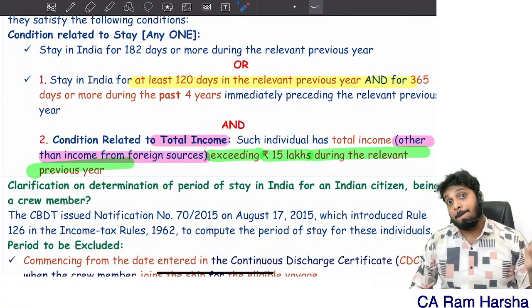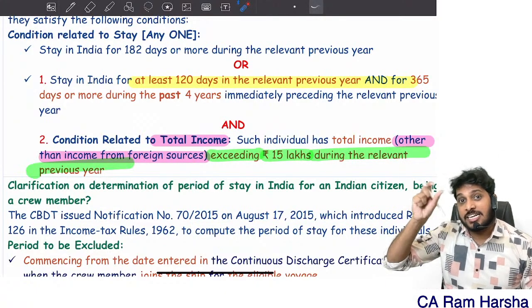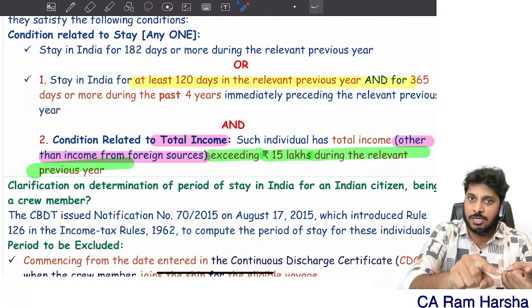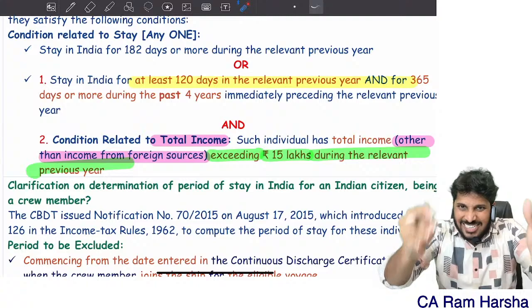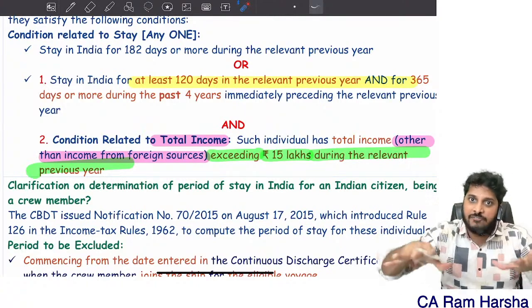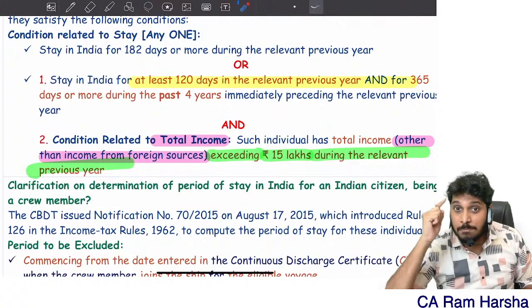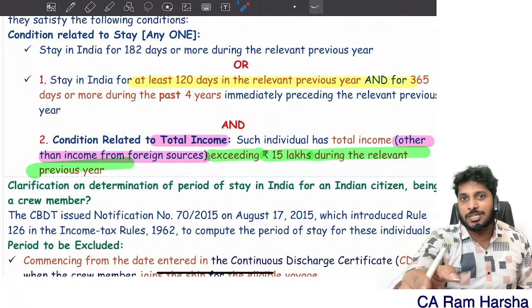No, it is not taxable. But for determining the 15 lakhs criteria, it will be considered. Once he becomes a non-resident, that income will not be taxed. Remember this observation.